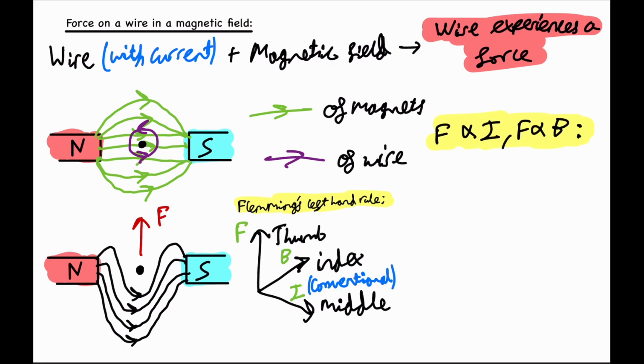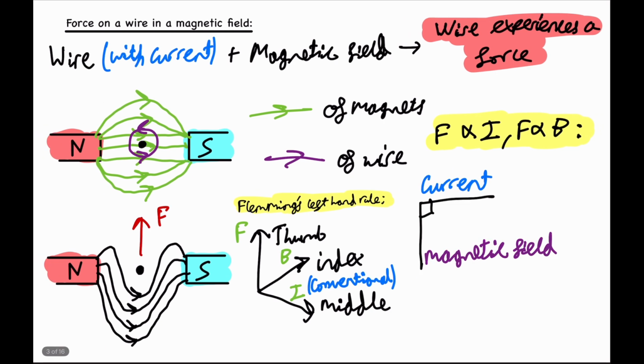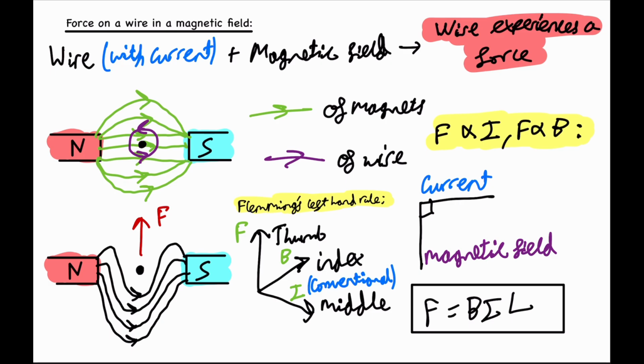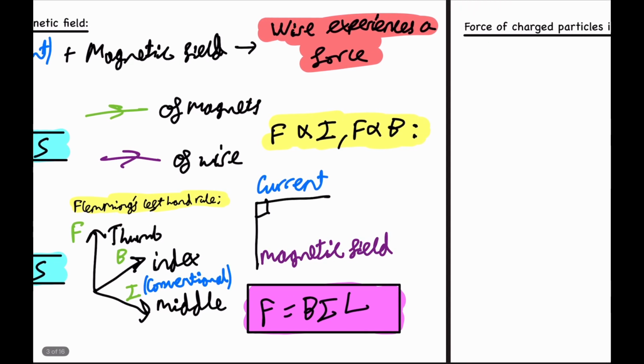This can be described using an equation, which only works when the current is at 90 degrees to the magnetic field, and the equation is F = BIL, where F is the force, B is the magnetic flux density, I is the current, and L is the length of wire within the magnetic field. So now let's move on to the force of a charged particle in a magnetic field.